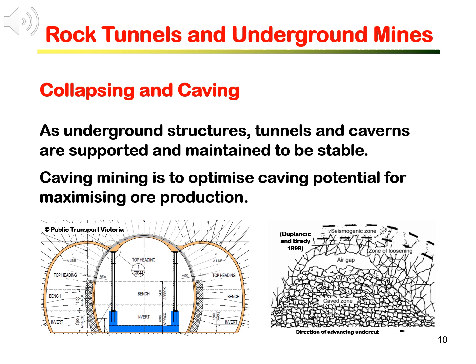As shown by the right drawing, caving mining is the opposite. It is to optimize caving potential or capability of the rock mass to ensure roof collapse or failure to happen as the means of all production.